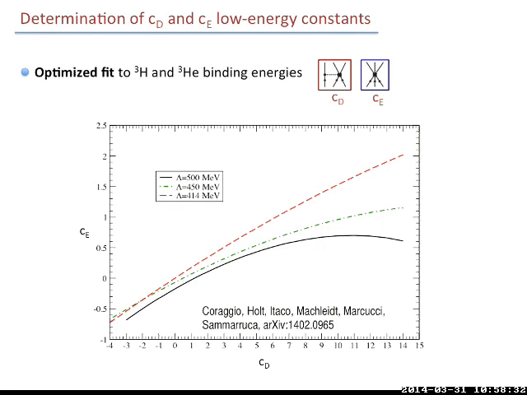There are these two new three-body forces at N2LO that come into play in symmetric nuclear matter. If you just fit to the triton and helium-3 binding energies, you can't really distinguish CD and CE, but rather just some linear combination of them. This shows a set of consistency curves. Any value of CD and CE along this curve will reproduce the triton and helium-3 binding energy, but you can't distinguish them further.